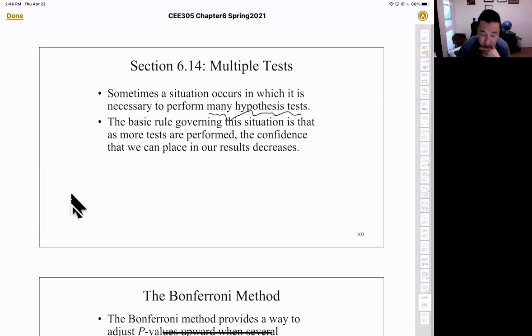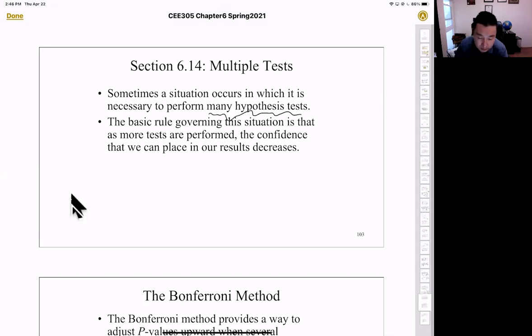But if we perform more and more of these hypothesis tests, it is difficult to tell which rejected H0 are really false and which are a type 1 error, which means we reject a true H0.